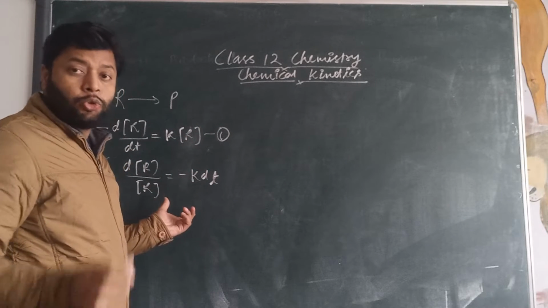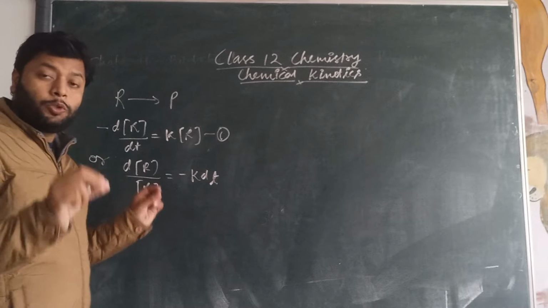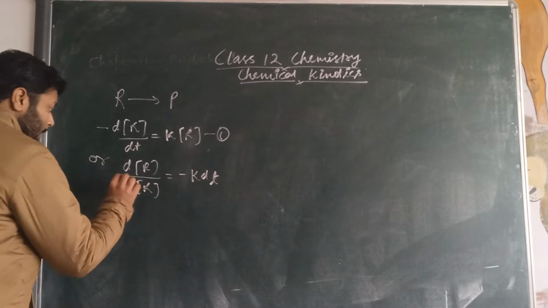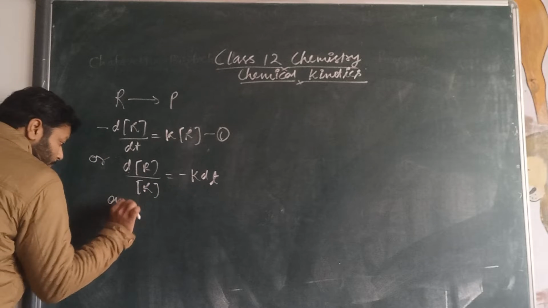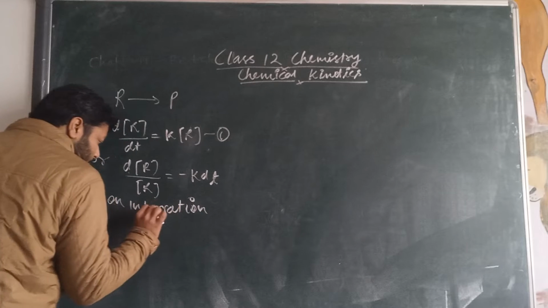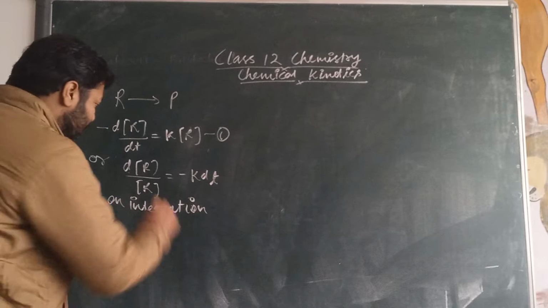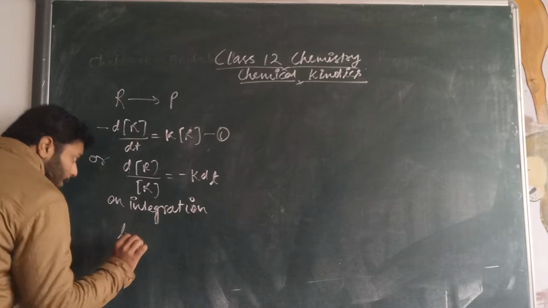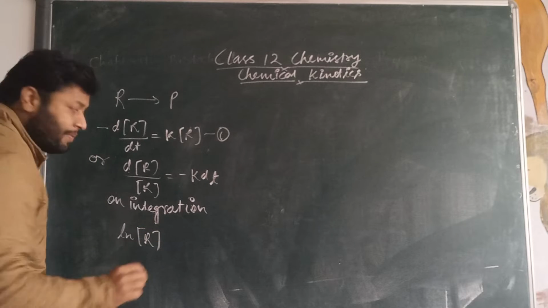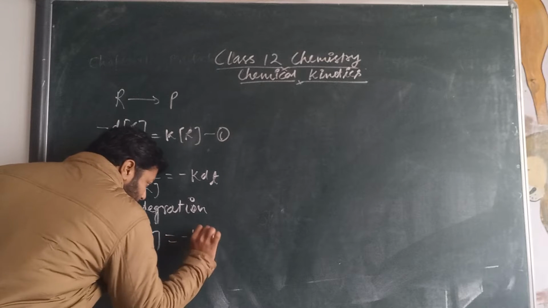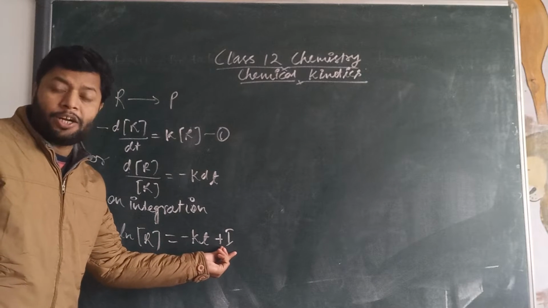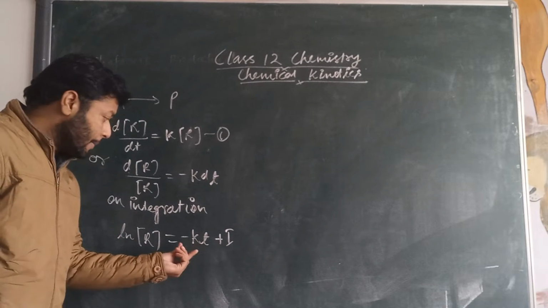On integration, because to get the integrated rate law expression, we have to integrate both sides of this equation. So on integration, it will be natural log ln of the molar concentration of reactants plus I, where I is the integration constant, equals minus kt.